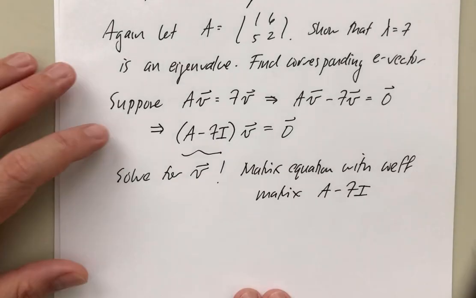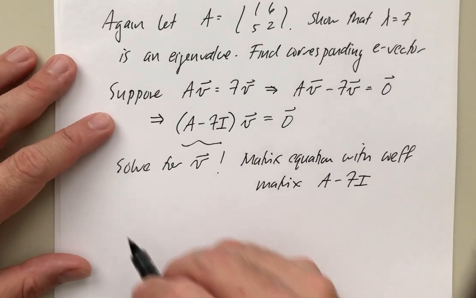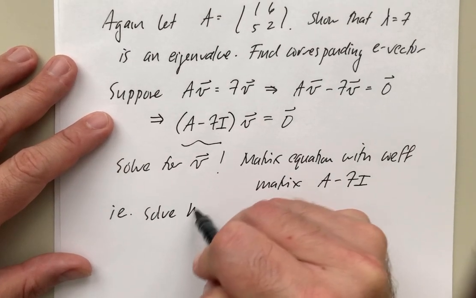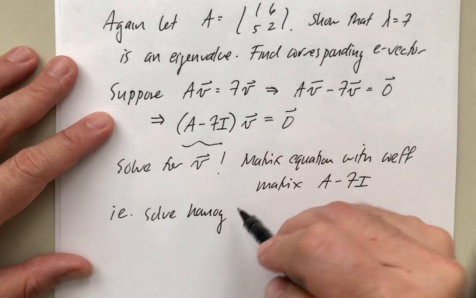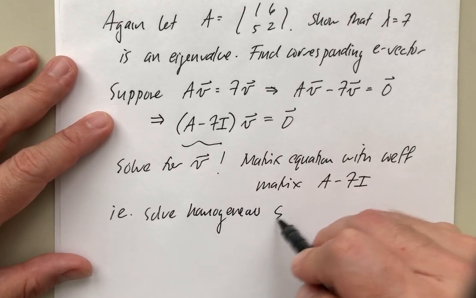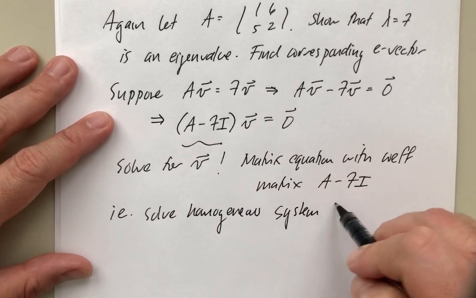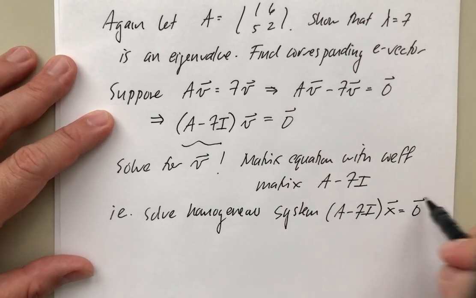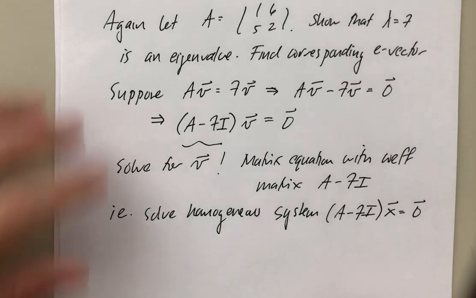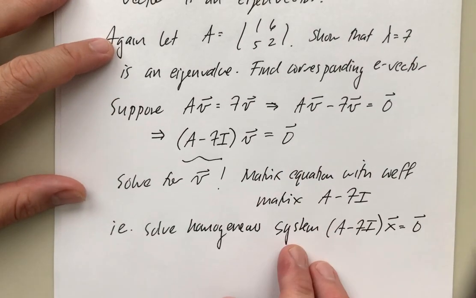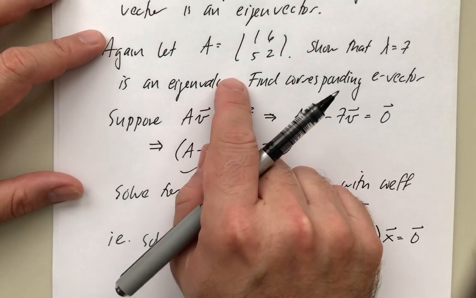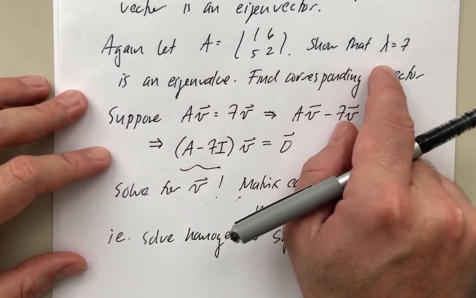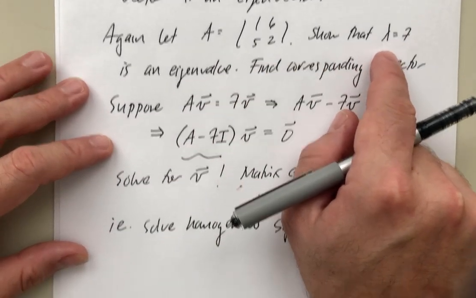The punchline here is that we want to solve the homogeneous system A minus 7I times the unknown vector equals 0. Let me go through all this again for this particular example. You've given me this matrix A, and I want to consider the eigenvalue 7.